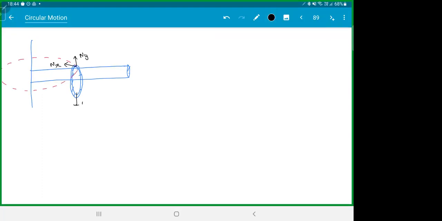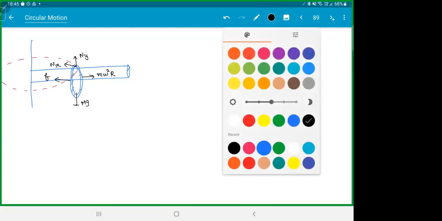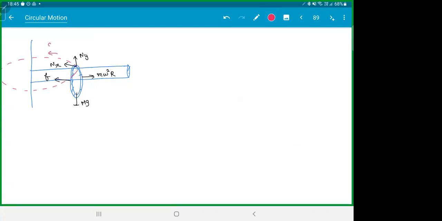You have your own weight mg, you have the friction force, and you have the centrifugal force m omega square r. What is this Nx doing? This will provide your tangential acceleration at, which is r alpha. So Ny is balancing your weight mg. Nx is providing the tangential acceleration m into at.